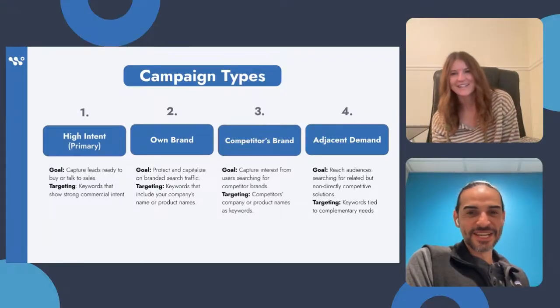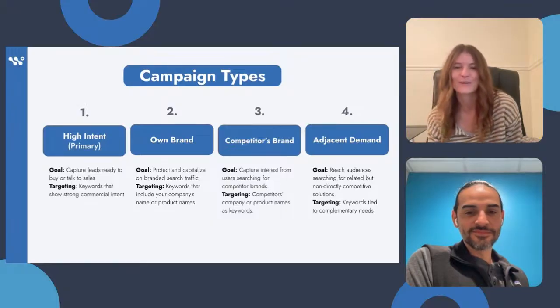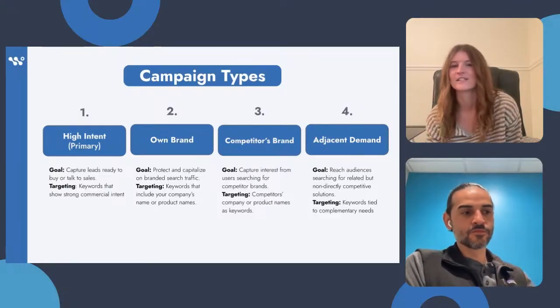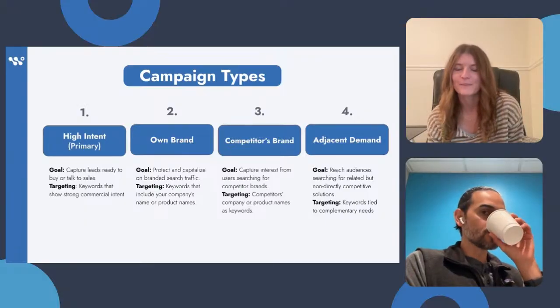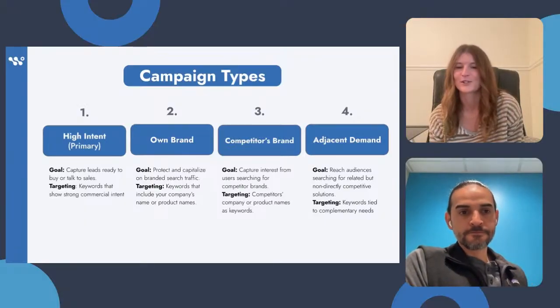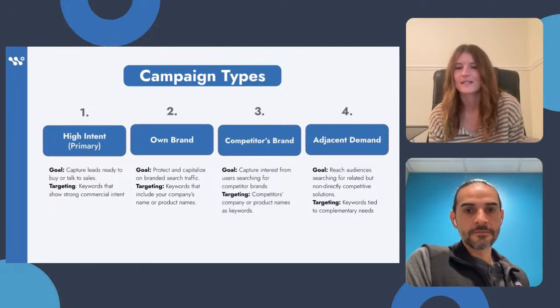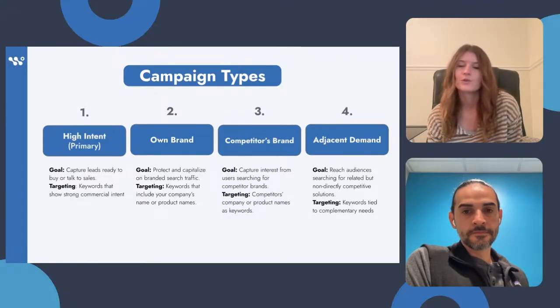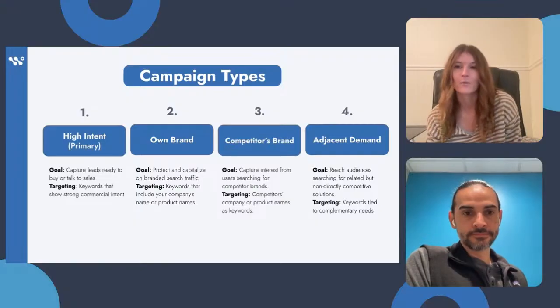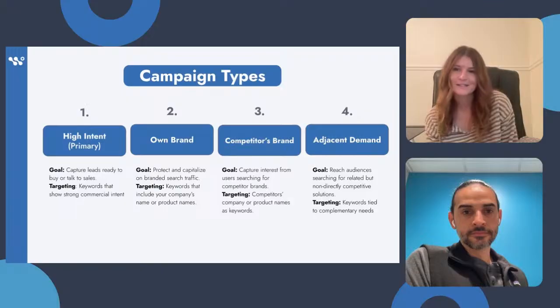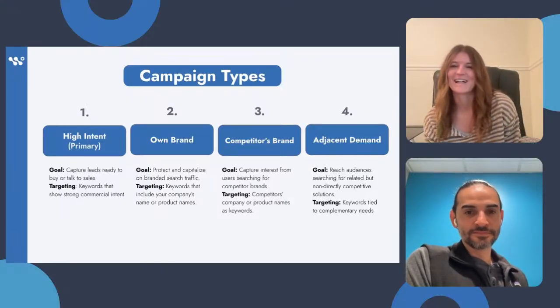I know we have that conversation with clients every once in a while, where it can sound a little aggressive at first, but you're not necessarily having to overtly call out your competitors. The competitors' names are in the keywords, and then your ad copy, if you think of it more as a brand awareness play where you're just presenting who you are, what you do, and why you do it in the space where your competitors are, it sounds a little bit better. Yeah.